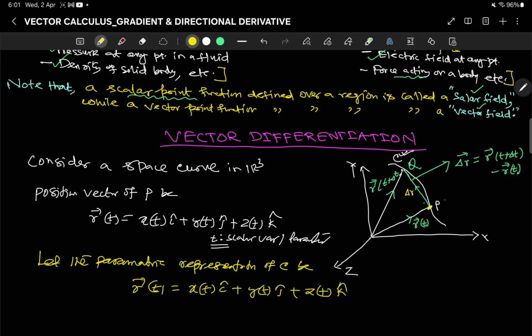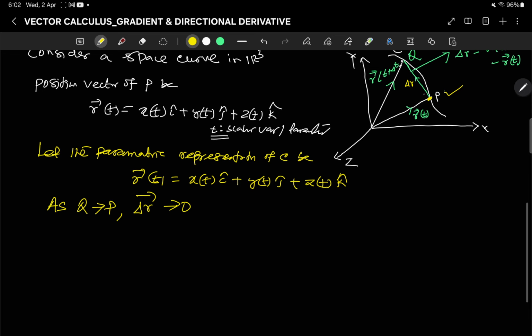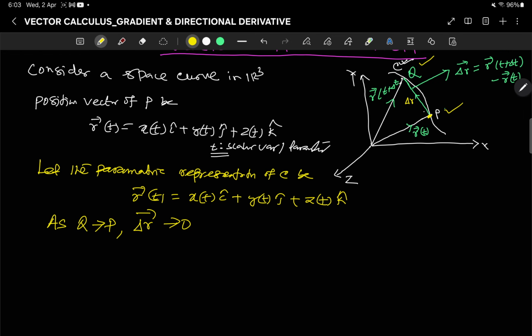So P and Q are two neighboring points. Now as Q tends to P, del R tends to 0. As Q tends to P, we write del r by del t is equal to r(t plus delta t) minus r(t) divided by delta t.